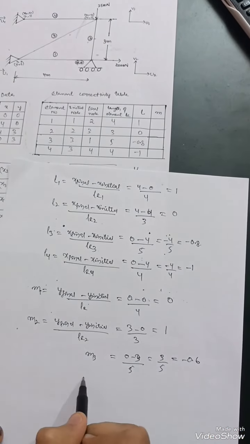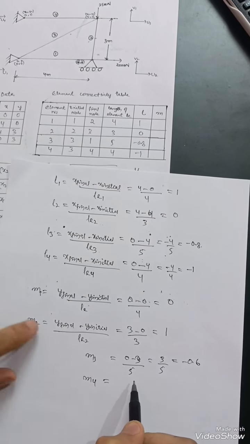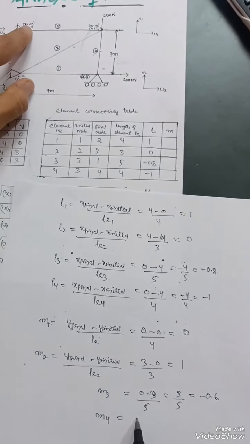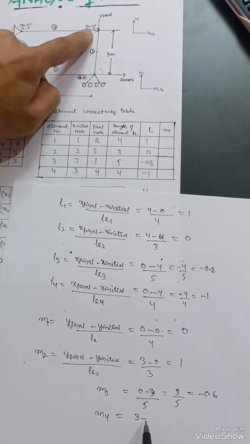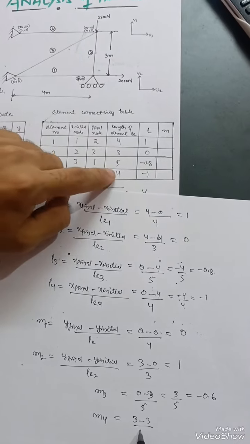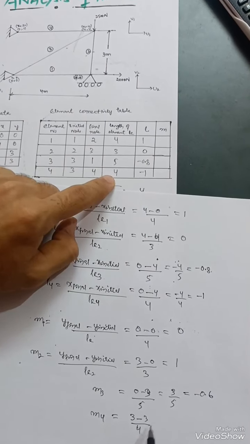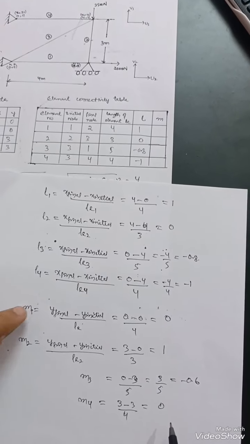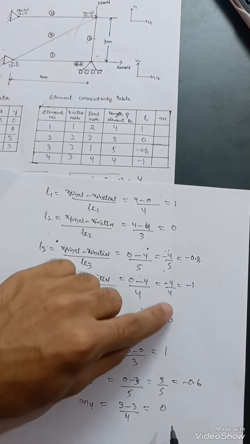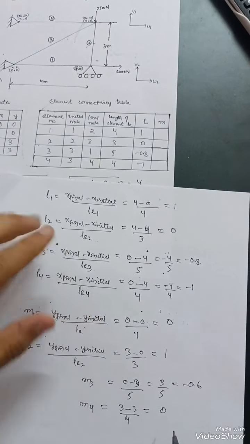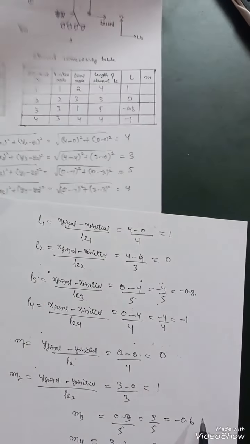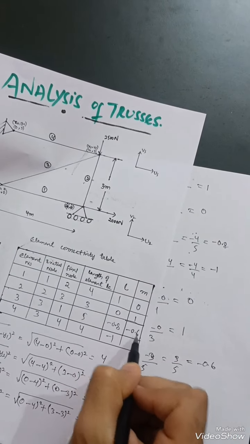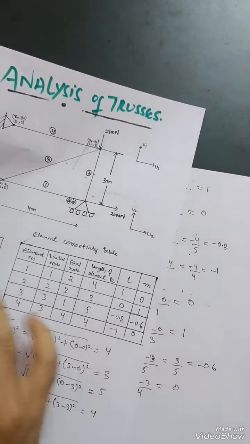Then m4, which is equal to, for fourth element, so there is y final is 3 minus y initial is 3 upon length of element 4, that is 4 over here, which is equal to 3 minus 3, that is 0. So we get the values of m1, m2, m3 and m4. So that is 0, 1, minus 0.6, 0. So put it in this particular table over here, that is 0, 1, minus 0.6, then 0. So the table is over.